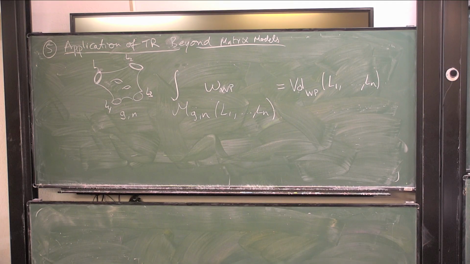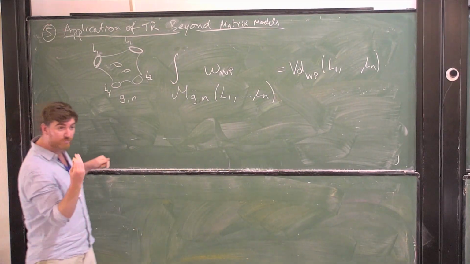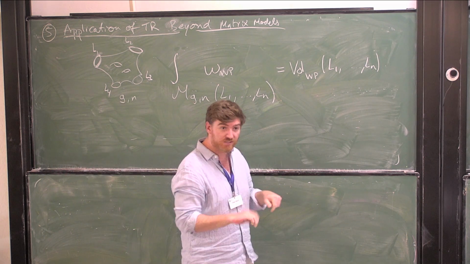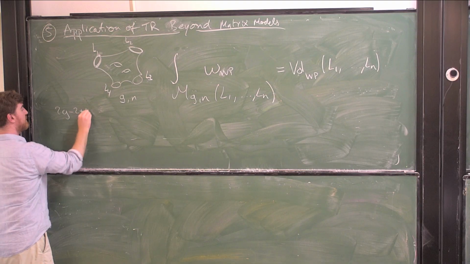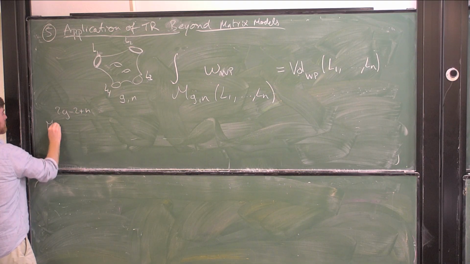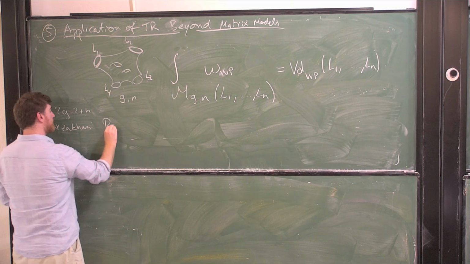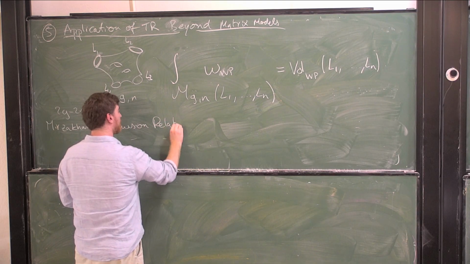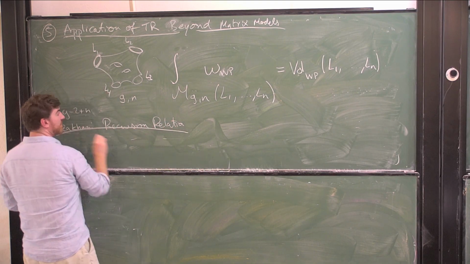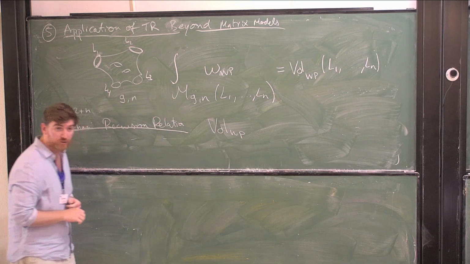So Mirzakhani was a really brilliant mathematician, and she found a recursion relation on precisely the Euler characteristic, this 2g minus 2 plus n, that allowed one to compute these basically recursively.